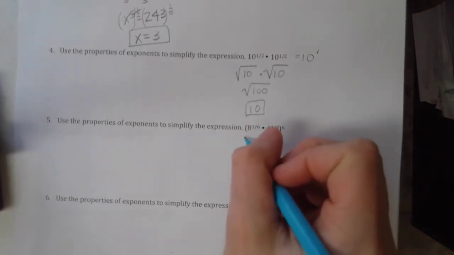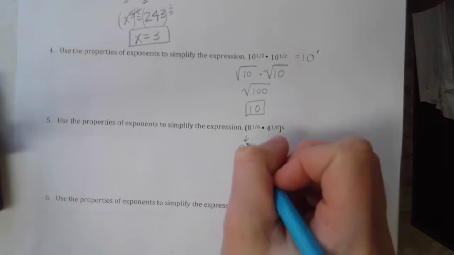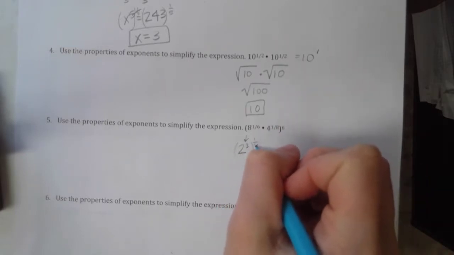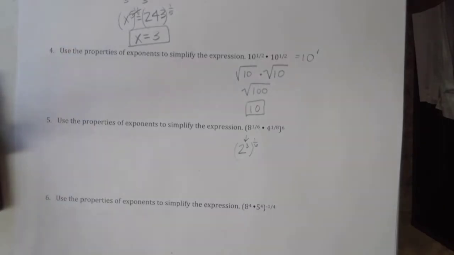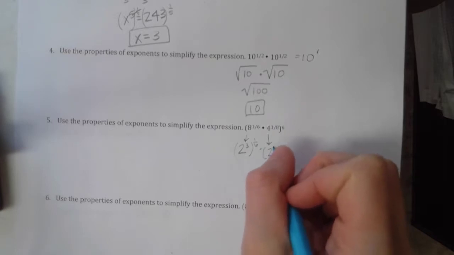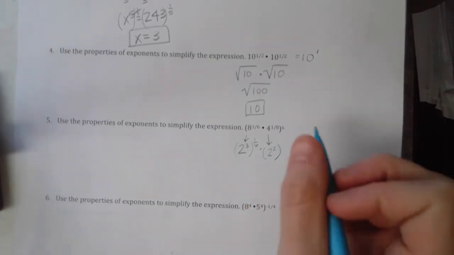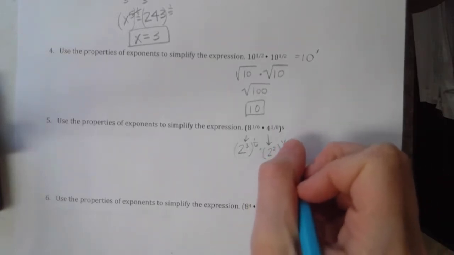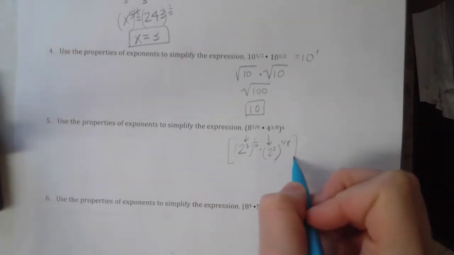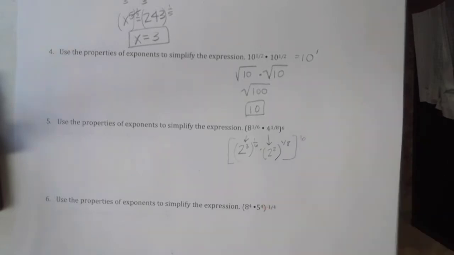Okay? 8 is just 2 to the 3rd power, and then all of that is being raised to the 1/6. So you just bring that down. Alright, 4 is going to be changed to 2 squared, and that's all being raised to the 1/8. And then again, after I do all of that, don't forget about your 6 that's on the outside.